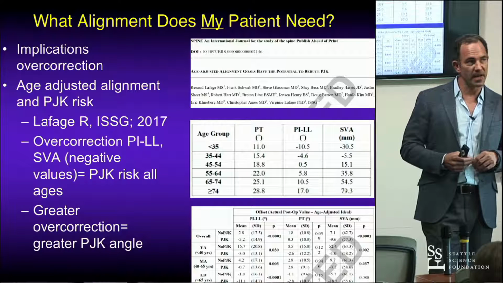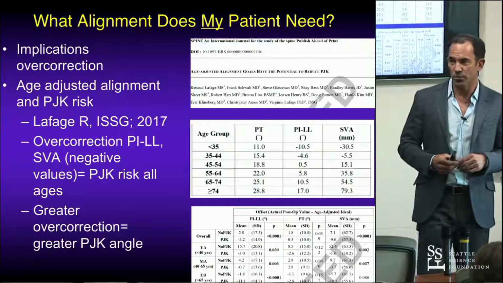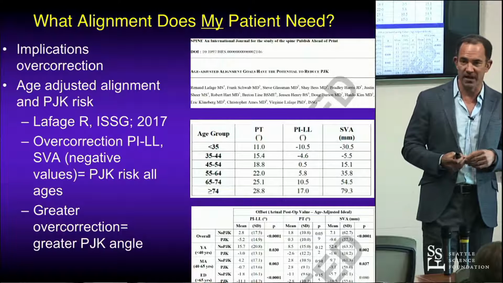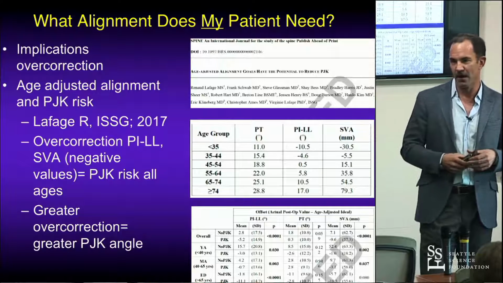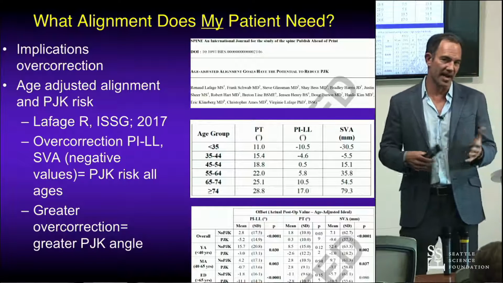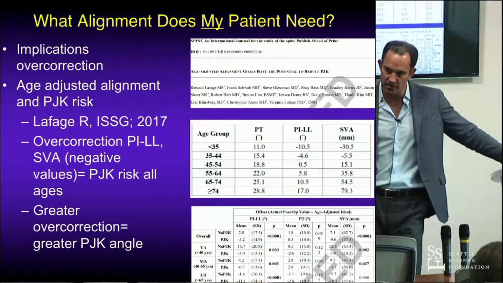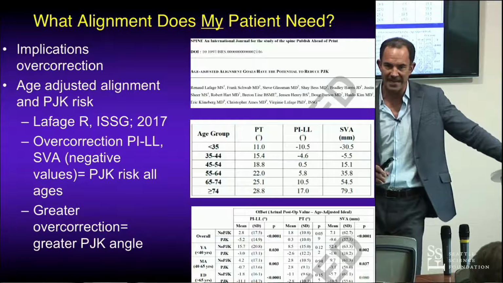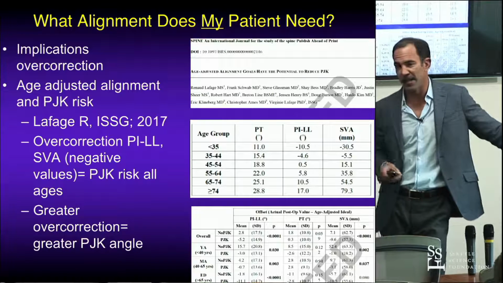Put them all at PJK risk, and it was actually a relatively linear relationship between the amount of overcorrection correlating with greater junctional kyphosis angle, right? Because PJK is obviously a spectrum of a phenomenon that can range from benign kyphosis all the way to catastrophic failure. So if you continue to overshoot those parameters, right, and do massive and bigger surgery because you haven't planned it out, you really put your patient at quite a bit of risk for overcorrection and junctional failure.